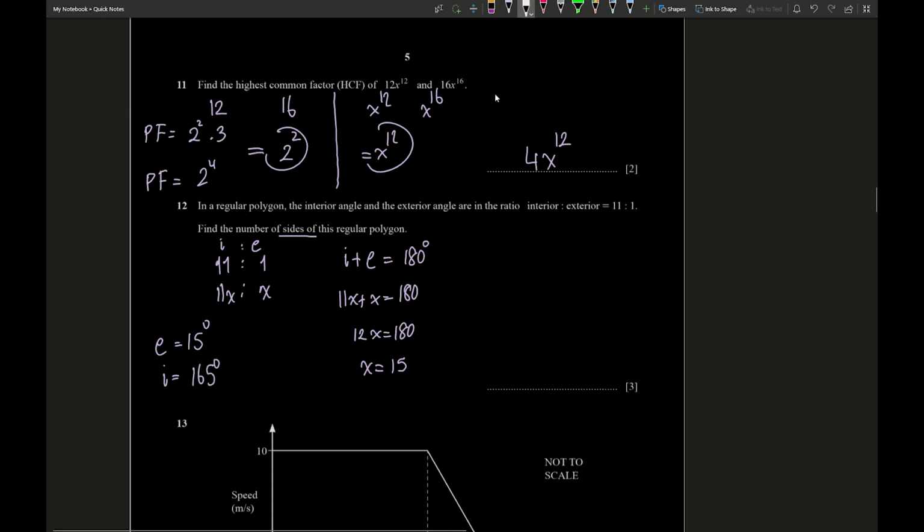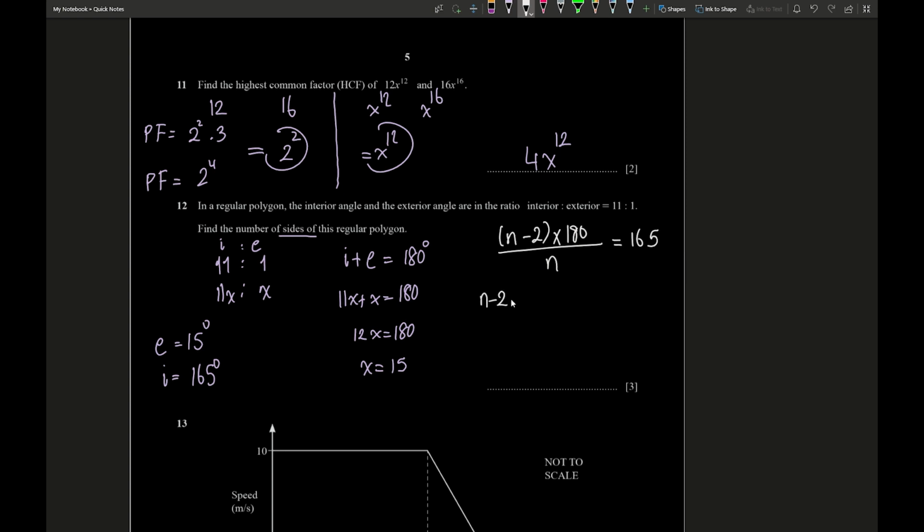Okay, let's find the other one. Now we know the equation for the interior angle is equal to (n minus 2) times 180 divided by n, which is equal to the interior angle here, 165, where n is the number of sides of the regular polygon. I can just solve by multiplying by n on both sides.